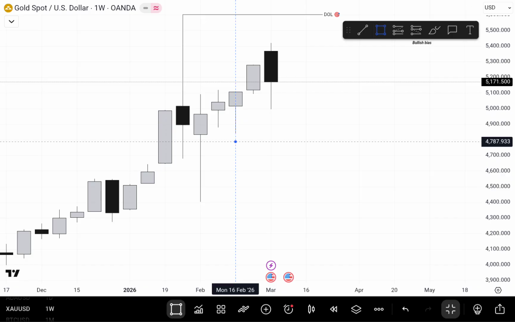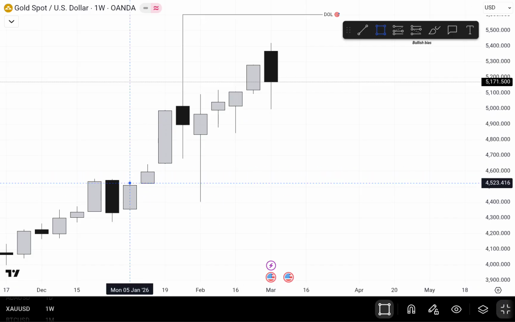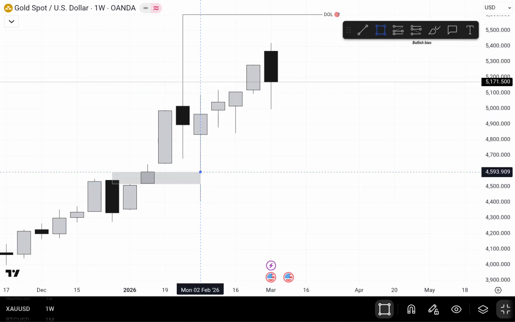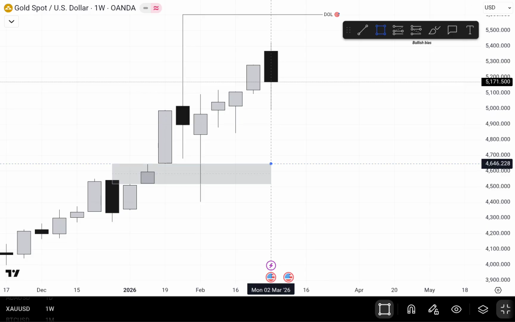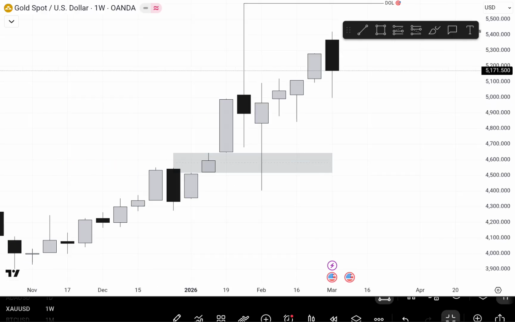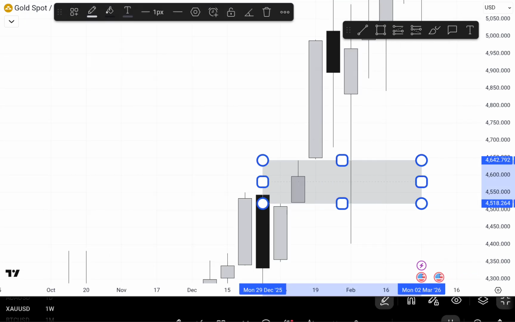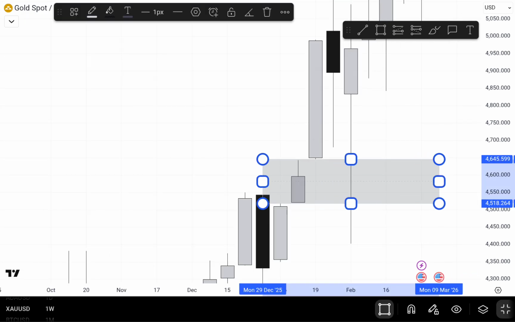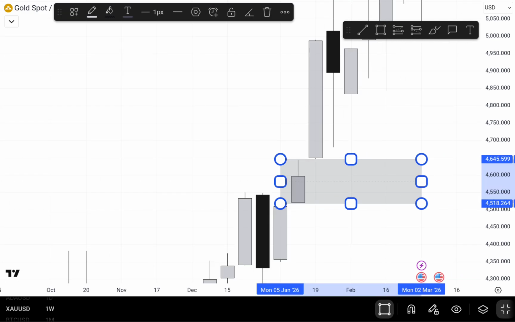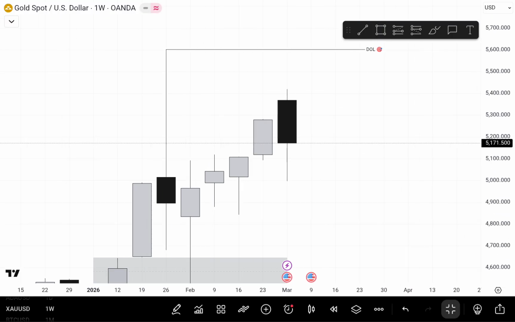I can see that we've been playing in this weekly context already. This is an alignment to that bullish bias that we have on the monthly. But I'm actually talking about based on current price action.